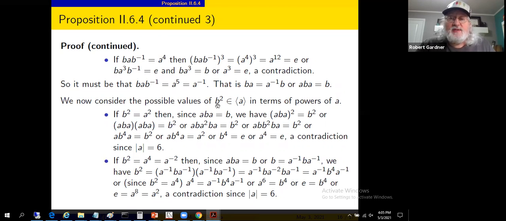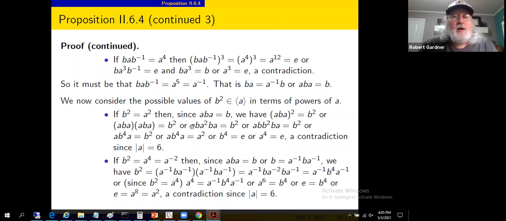Then I know this b squared must equal some power of a, because that's the only thing here. A to the 0, a to the 1, a to the 2, a to the 3, a to the 4, a to the 5. So let's check those and see what happens. So that's 6 things to check. Well, what we're going to do is show 4 of them don't work.